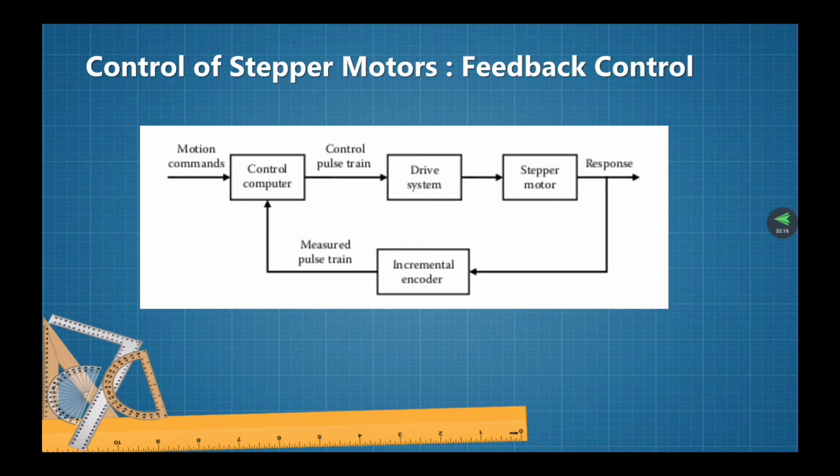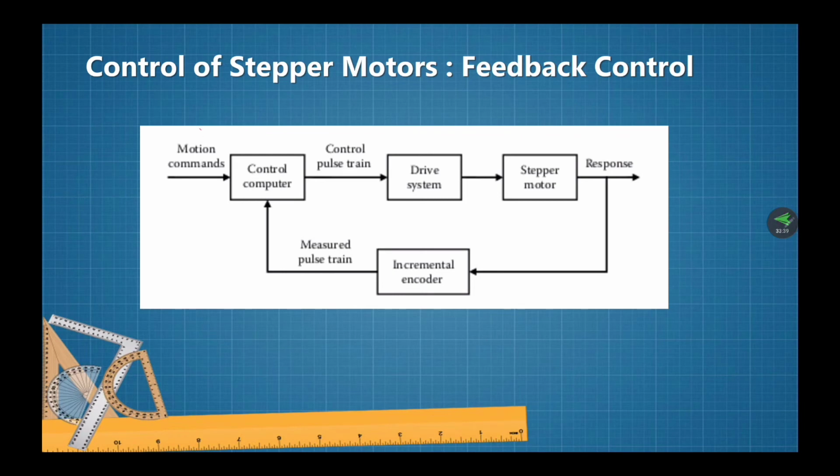Given both the magnitude and the direction of the rotation of the stepper motor, the encoder pitch angle should be made equal to the step angle of the motor for ease of comparison and error detection.